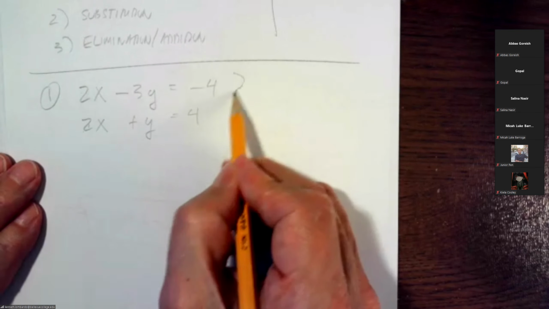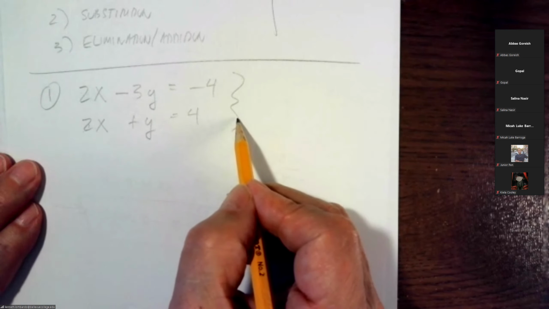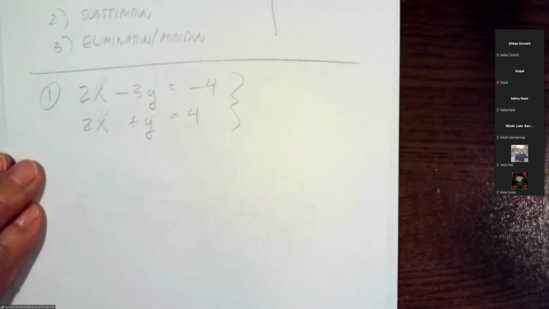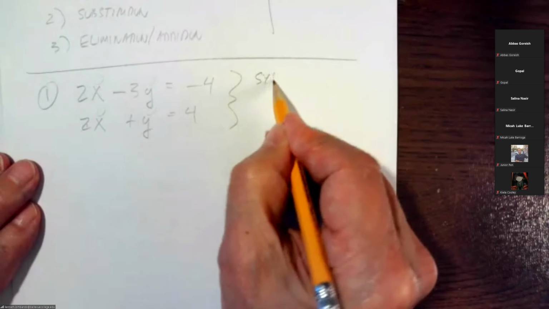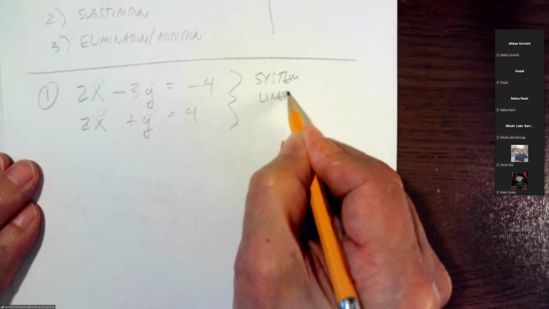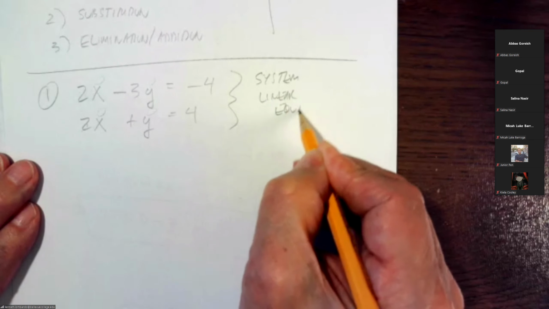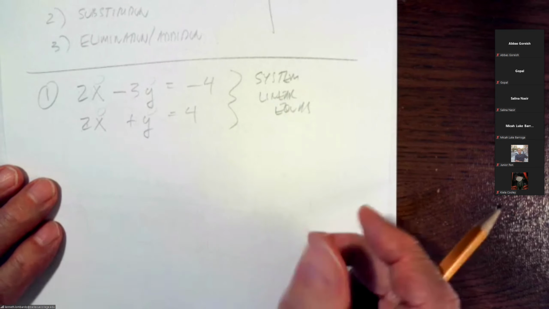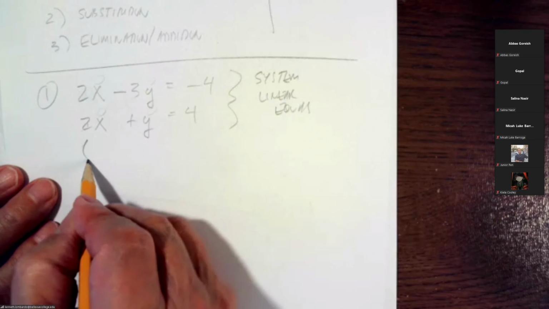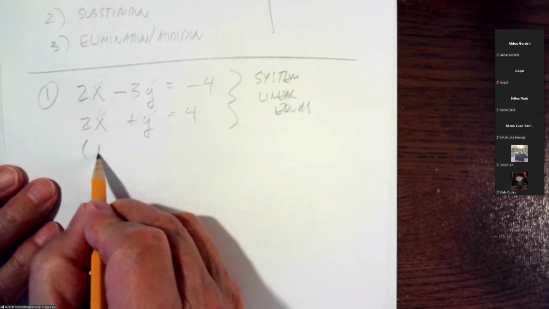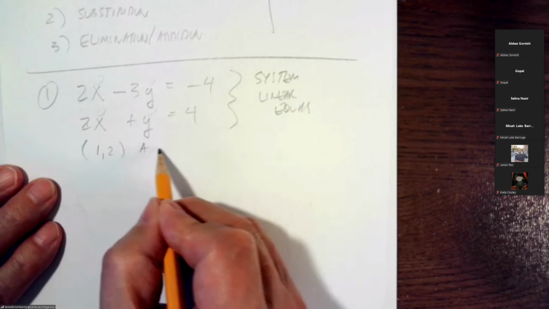So we're going to call this then a system, and it's of linear equations because these exponents are just 1, aren't they? So we're going to call this a system, and they're linear equations. Okay. Now you might be asked, is, for instance, the location 1 and 2 a solution?